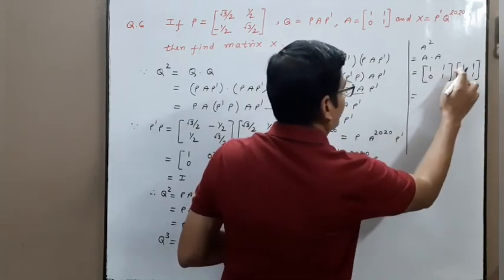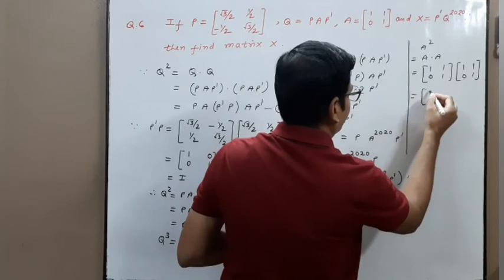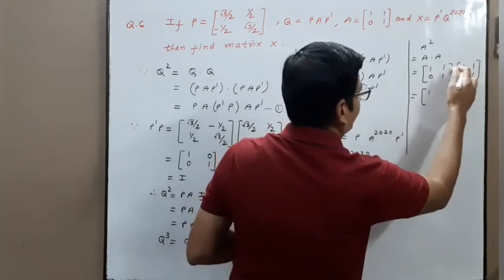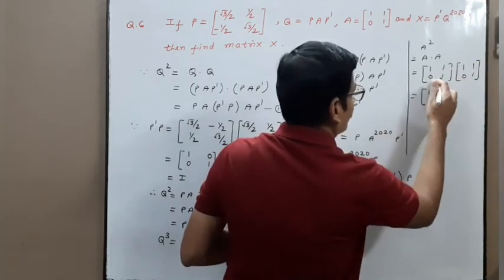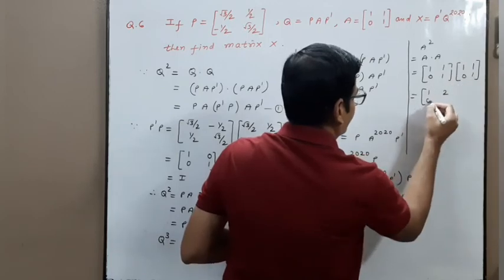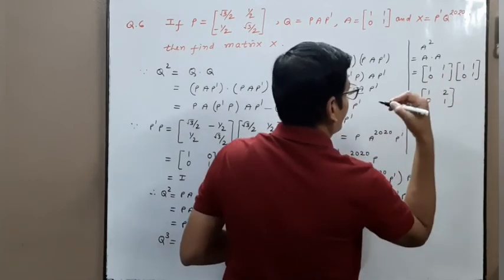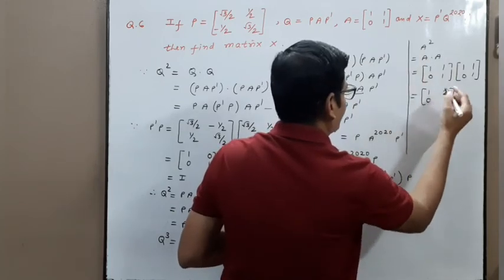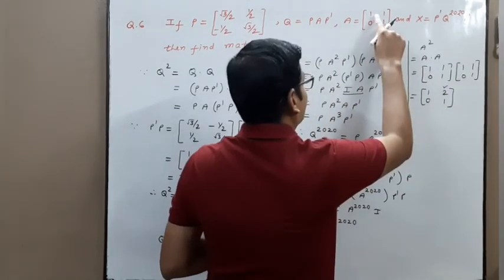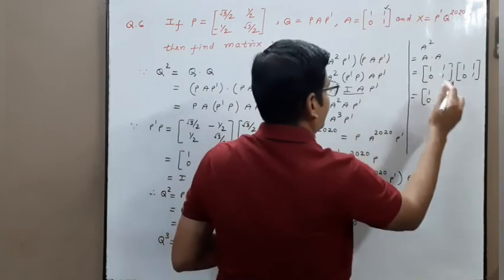Multiply row by column: 1 plus 0, so we get 1 here. 1 plus 1, we get 2. 0 plus 0, 0. 0 plus 1, 1. So in A square we get 1 2 0 1. Symmetry is there. In matrix A, 1 is there; in A square, 2 is there.